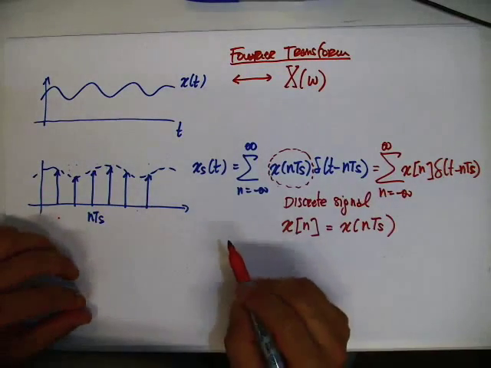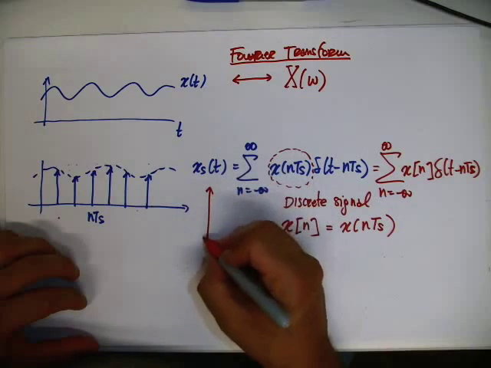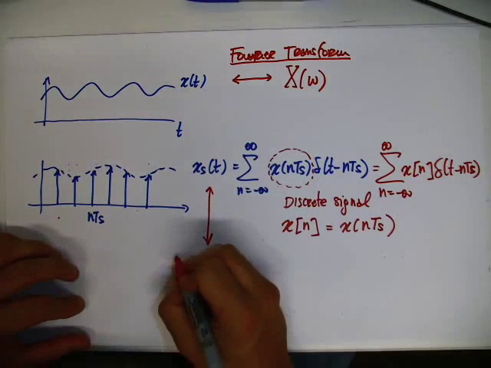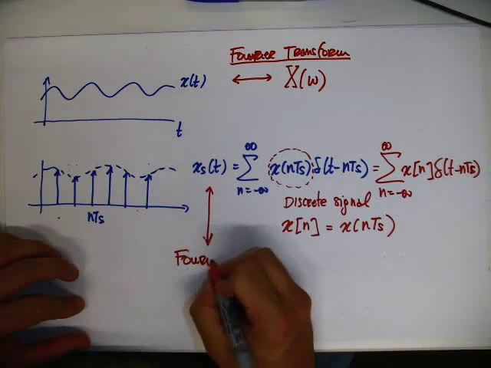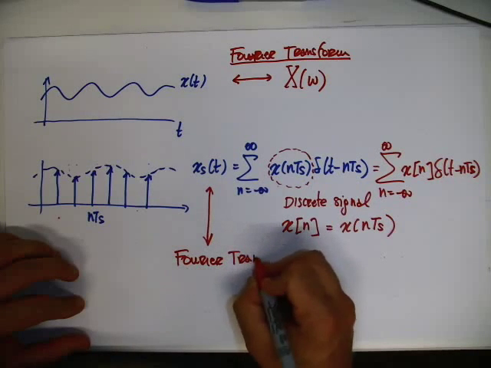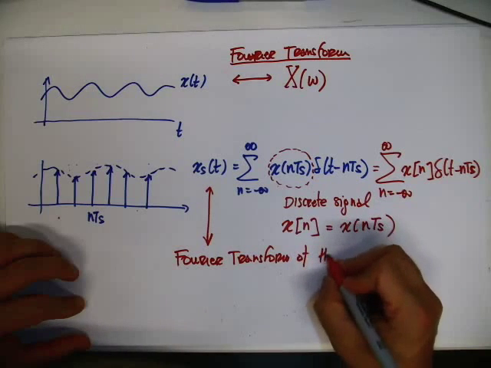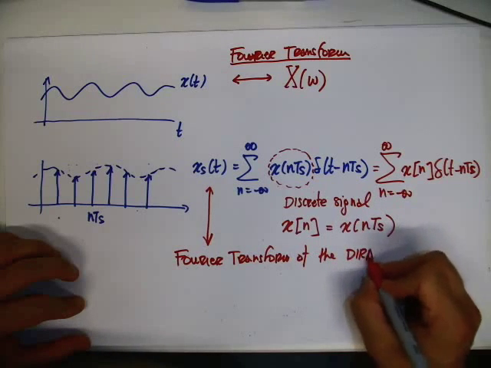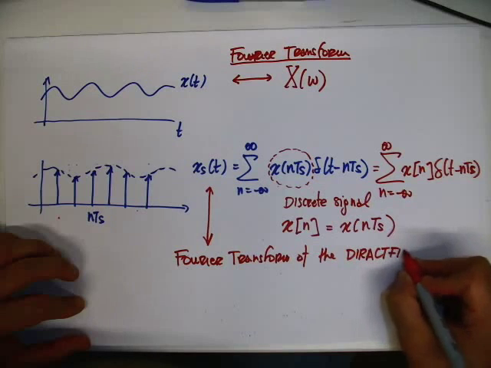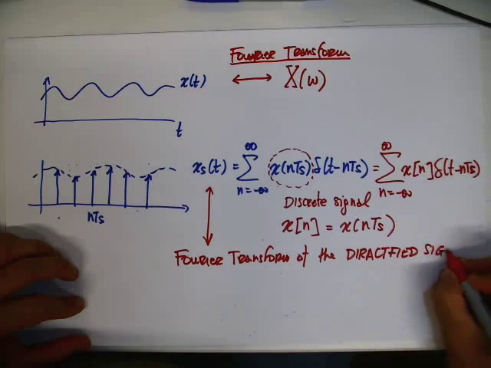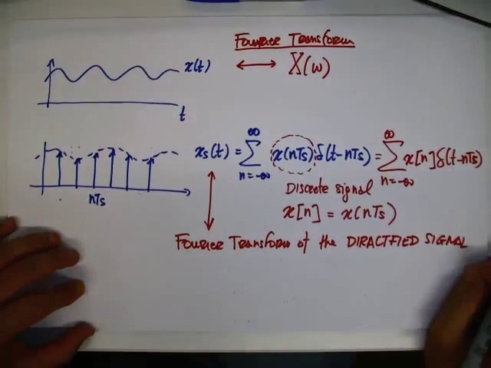We have seen that the Fourier transform of the discretized signal is given by what?